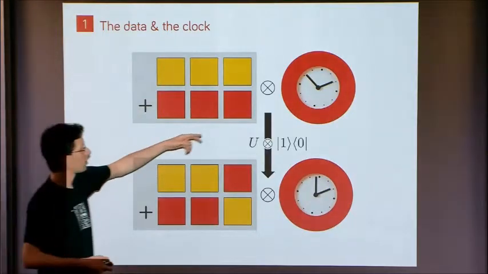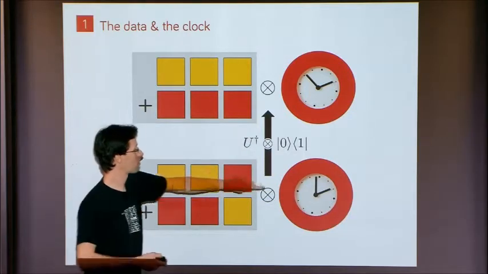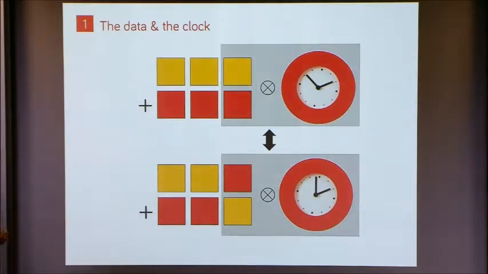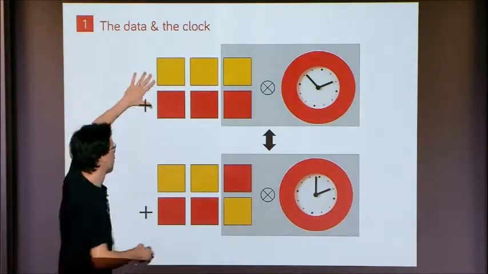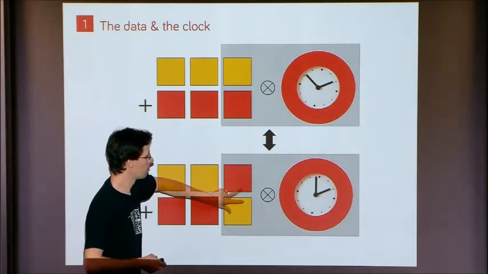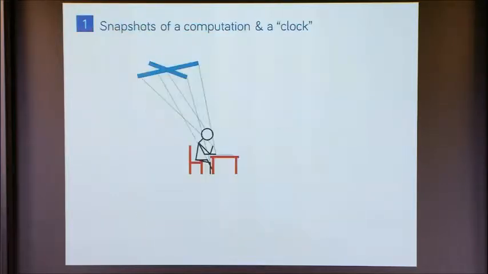So for example, when the clock runs forward, something happens on the data. When the clock runs backwards, something is uncomputed on the data. And then I can look not at the whole state, which might be much bigger here and much bigger here, but I will just look at the one spot and at the clock. And if this is possible to do locally, then we can verify a step in a computation.